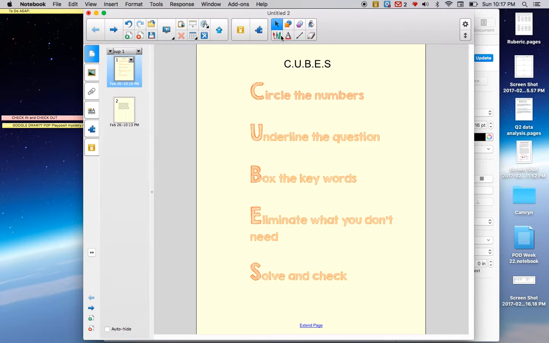The C in CUBES stands for circle the numbers. The U in CUBES stands for underline the question. The B in CUBES stands for box the keywords.